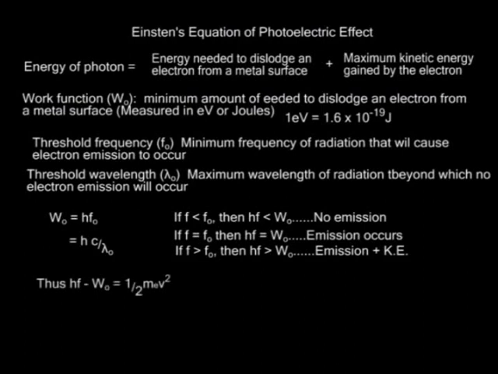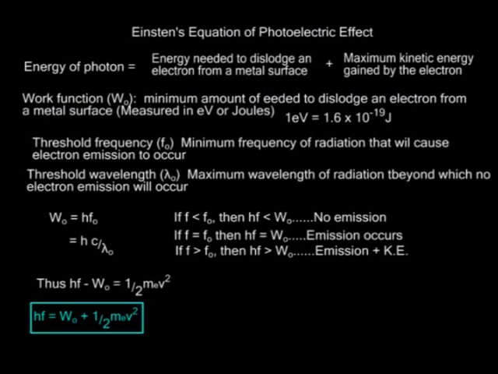Therefore, hf minus work function is equal to the kinetic energy, ½mev², where me is the mass of an electron and v the velocity of the electron emitted. hf = work function + kinetic energy, that is ½mev².